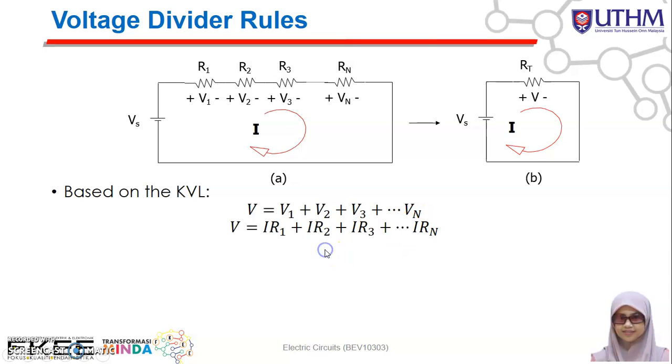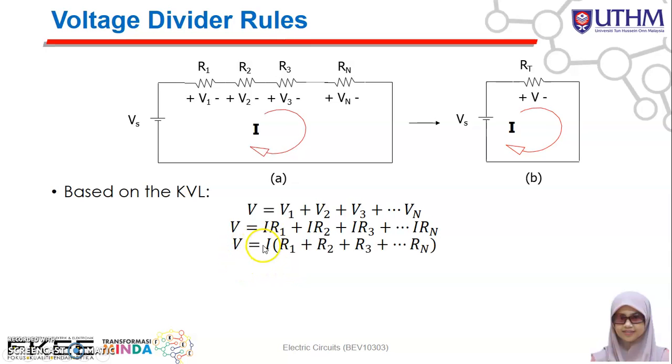Okay, and then after that you can apply Ohm's law to each of the elements. According to Ohm's law, V1 is equal to IR1, V2 is IR2, V3 is equal to IR3 and Vn is equal to IRn. So you can substitute this formula. Because I remains the same for each of the elements, you can factorize the I to the outside.